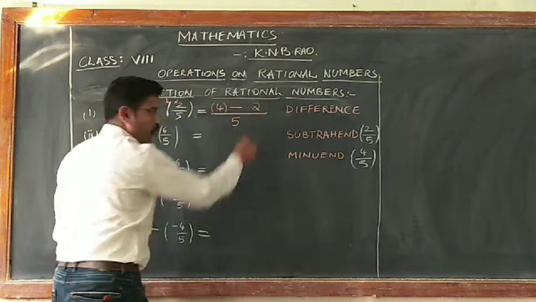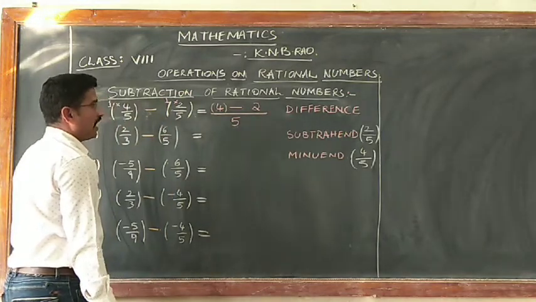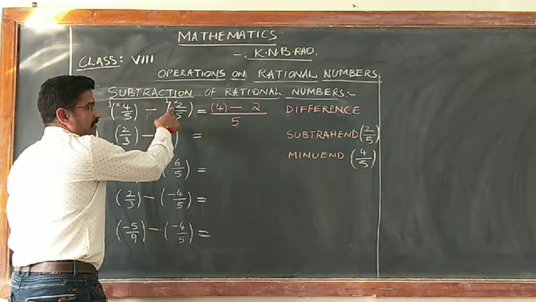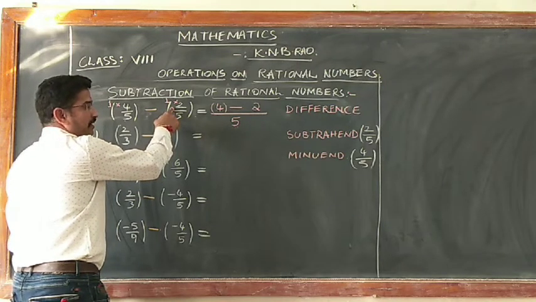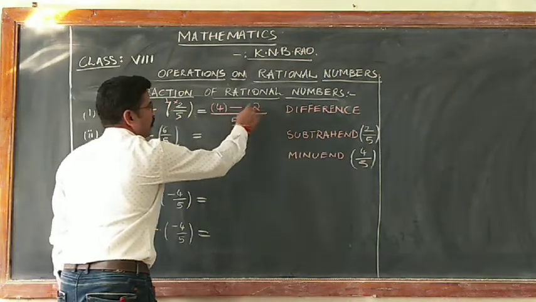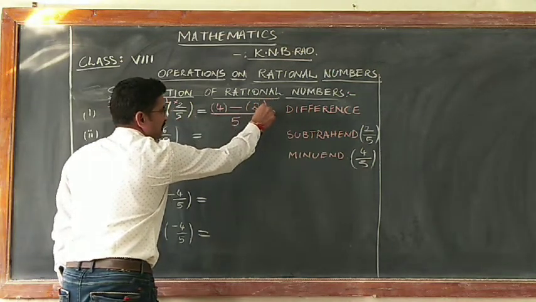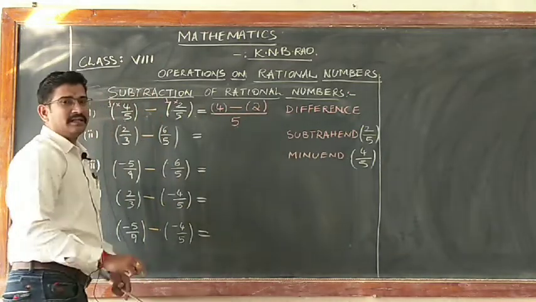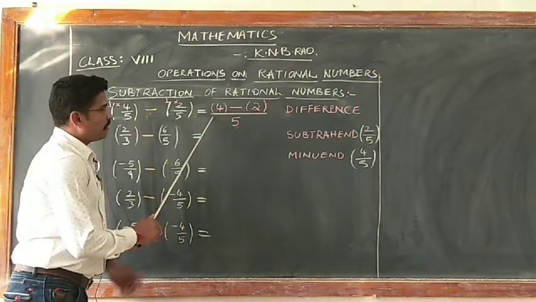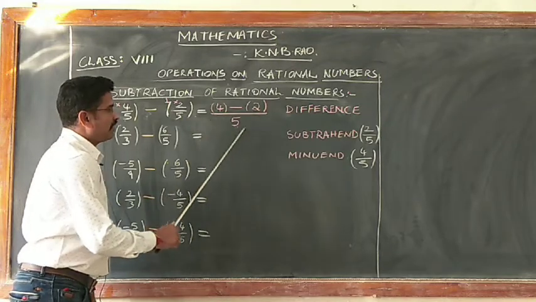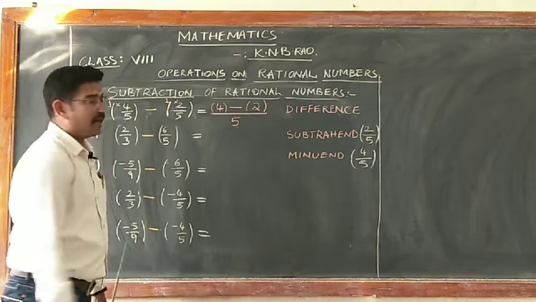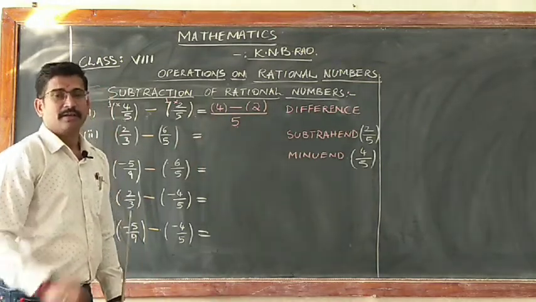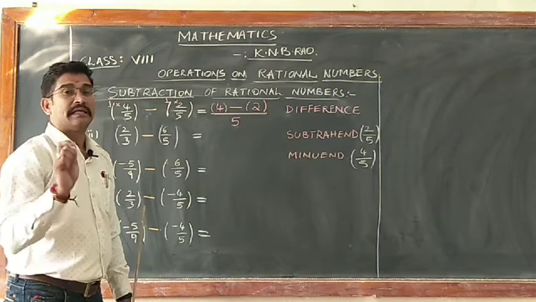Since it is a positive rational number, we have a positive integer in the numerator of the result. Children, in this operation, the denominator is the LCM and the numerator is a subtraction operation on integers.